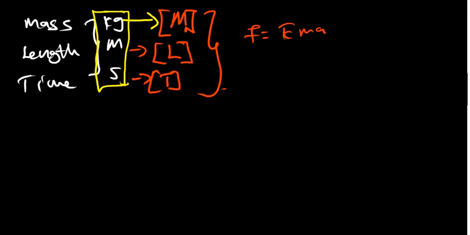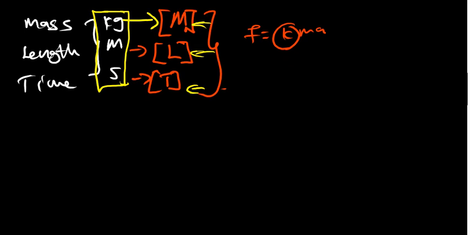This k is considered a constant, and we are not going to tamper with the constant. The first rule of dimension analysis only applies to mass, length, and time, which we represent with the capital M, L, and T in brackets. That is the first application we need to understand.